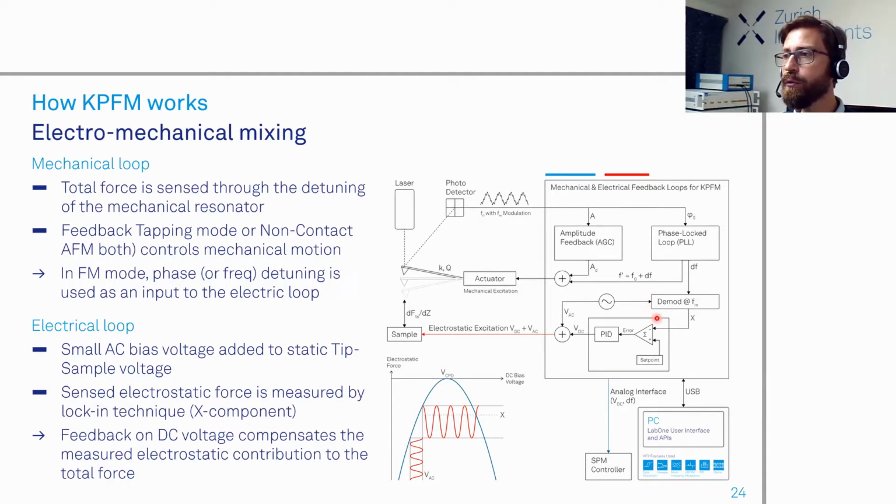And so you have to feed this now into the demodulator, demodulating at this modulation frequency at which you drive electrically. And then you have this X component that tells you about the strength of the electrostatic interaction.